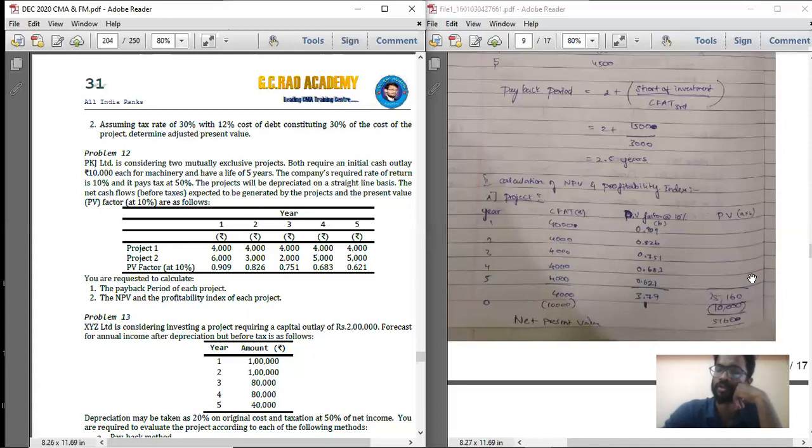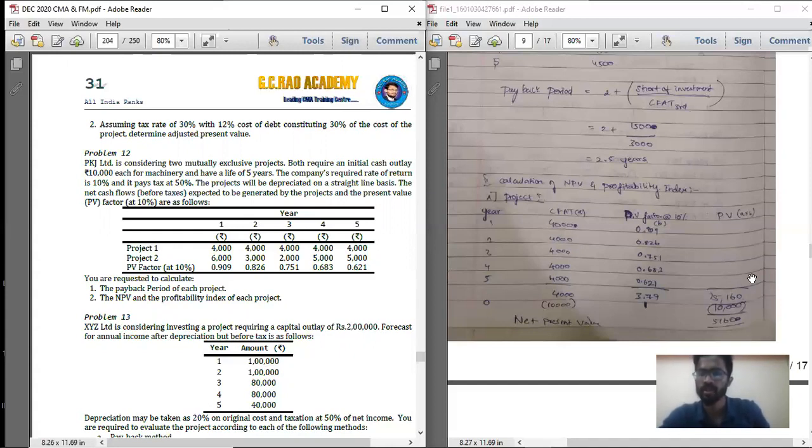First year, 4,000 into 0.909, you are getting 3,636. In the present value column, record 3,636. Year 2, 4,000 into 0.826, you are getting 3,304. Record second year 3,304.